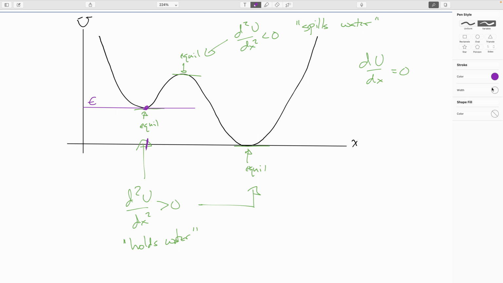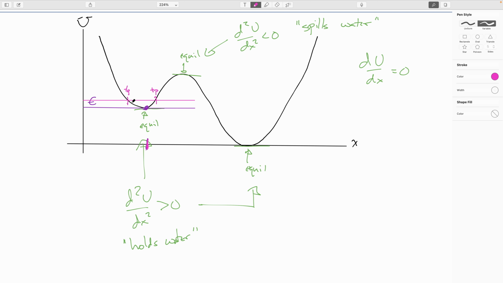Now let's say, though, we add just a little bit of energy to the system. Maybe a photon strikes the electron in an atom or something like that, and so the energy is just a little higher. This would still be our equilibrium position, but now these would be the turning points.